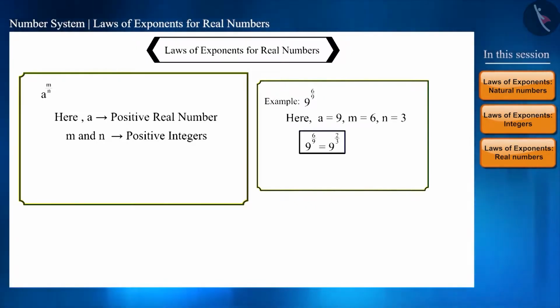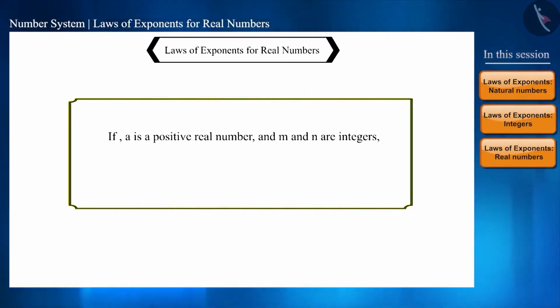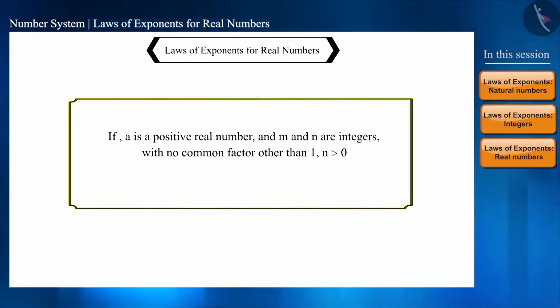Looking at all these facts, we can say that if a is a positive real number and m and n are integers with no common factor other than 1, and if n is greater than 0, then a raised to the power m by n can be written as the nth root of a the whole raised to the power m, or the nth root of a raised to the power m.